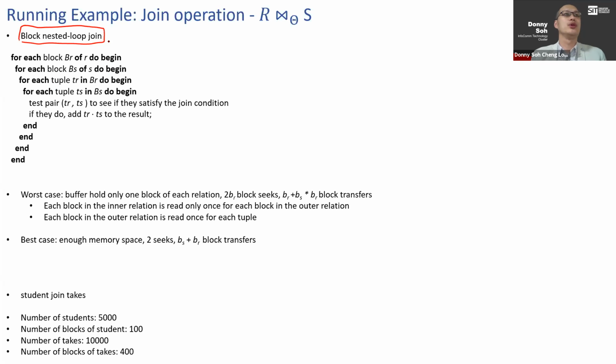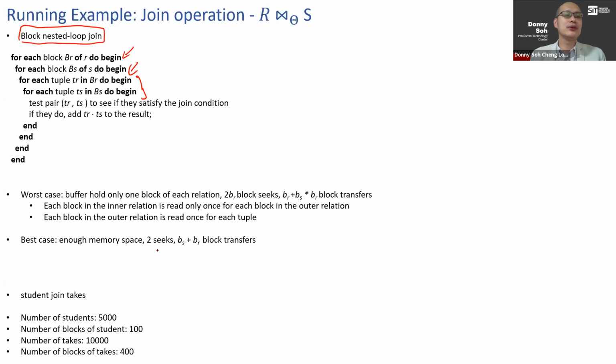For each block, we do a loop of BR of the outer loop, and then another loop in the inner loop. So there is a block nested loop over here, and thereafter we do the comparison between the tuples. Okay.